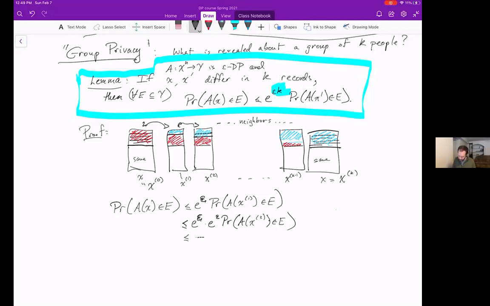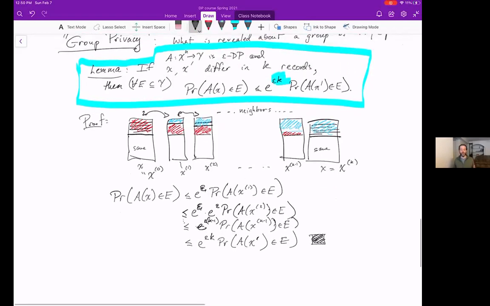So eventually we'll get to e to the epsilon times k-1 times the probability that A of x k-1 is in E. And then the final step will be e to the epsilon times k times the probability that A of x prime, the thing we originally cared about, is in E. And that is enough to prove our lemma.